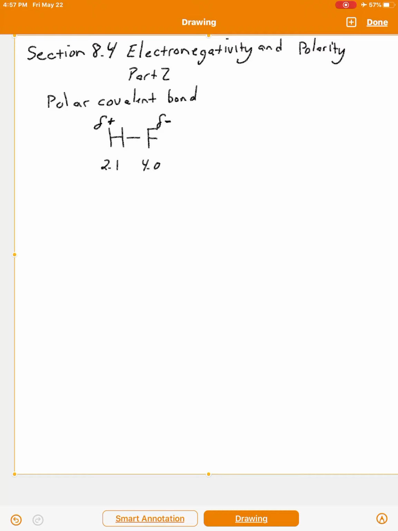Okay? Another way to represent this is with what's called a dipole moment. Okay? And it is done using a vector. So in this case, what you do is you represent this charge separation, right?